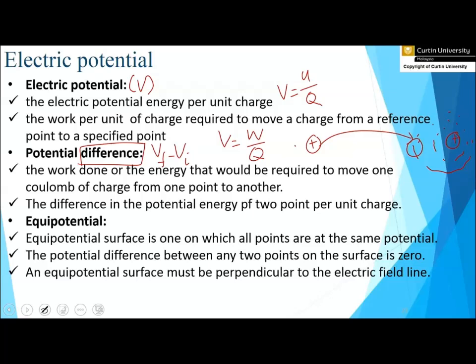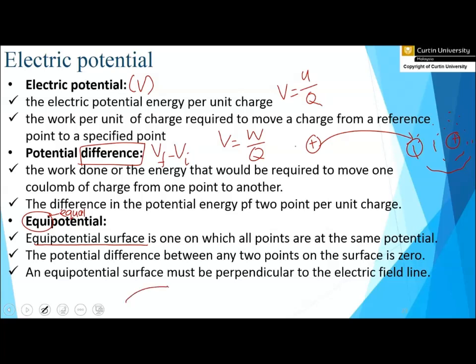And the last term here is equipotential. Equi comes from the word equal, so equipotential means you have the same potential. If this is an equipotential surface, the potential on this surface will always be the same.